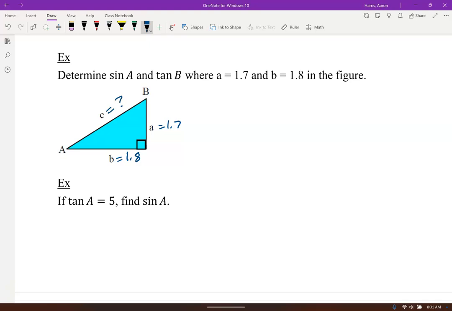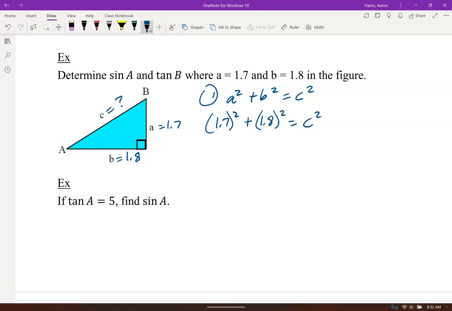What is C? Well, if you remember, the Pythagorean theorem says the sum of the squares of the legs is equal to the square of the hypotenuse. So A is 1.7, it'll be squared, B is 1.8, it'll be squared, equals C squared.